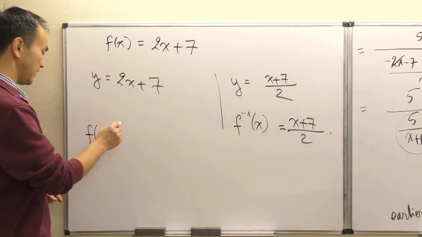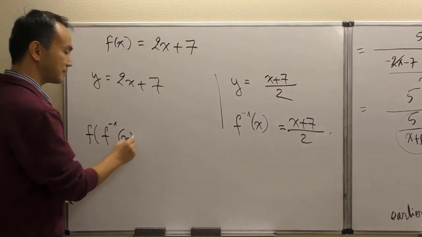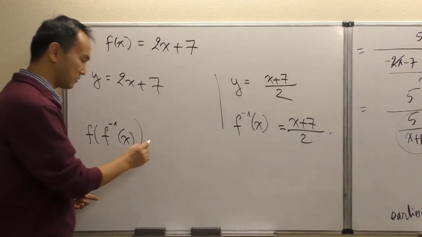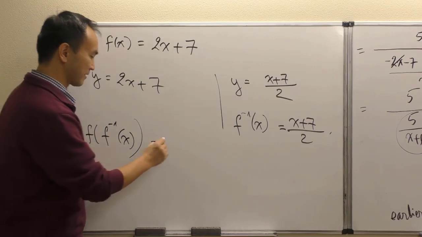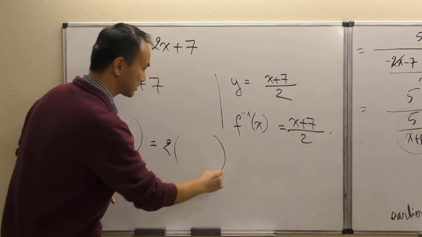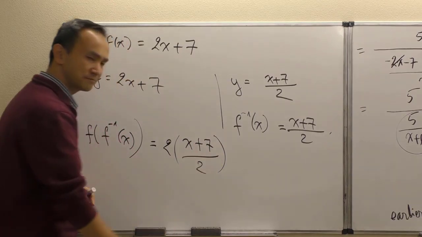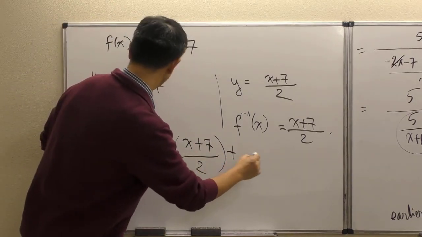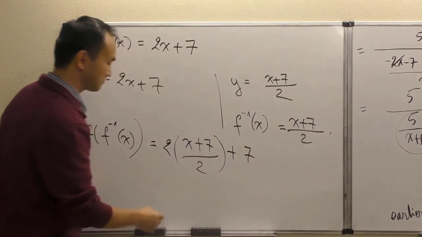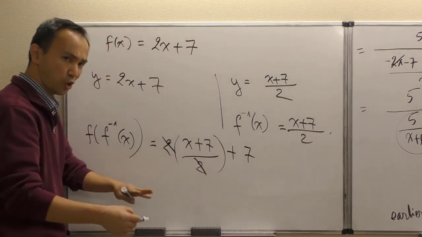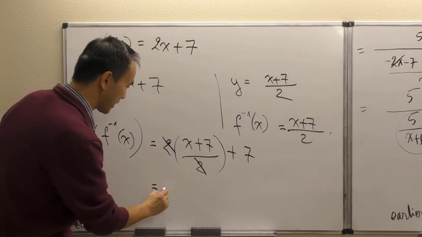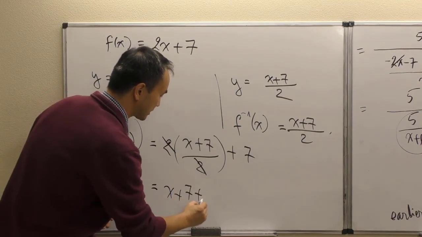So I'm going to do f of f inverse, and the answer will come out immediately. We have 2 times the input, but the input is now x plus 7 over 2, plus 7. The 2 cancels with the 2. Things seem okay so far, ending up with x plus 7 plus 7.